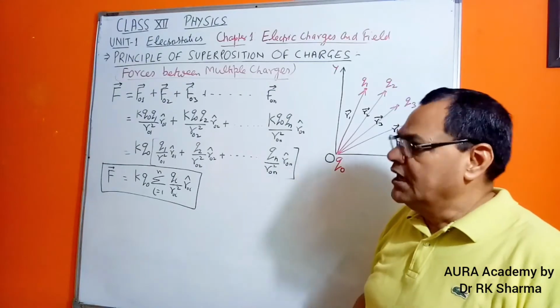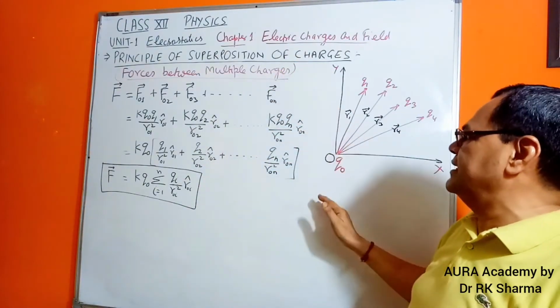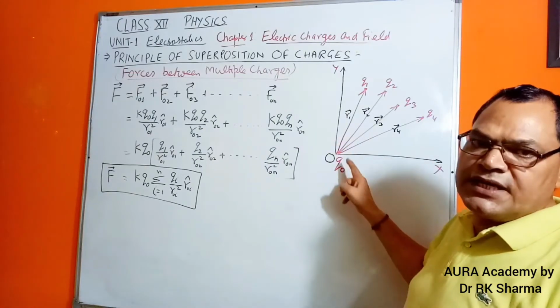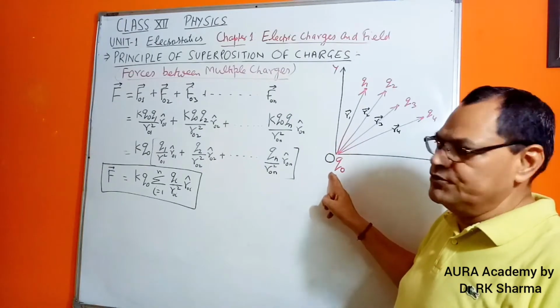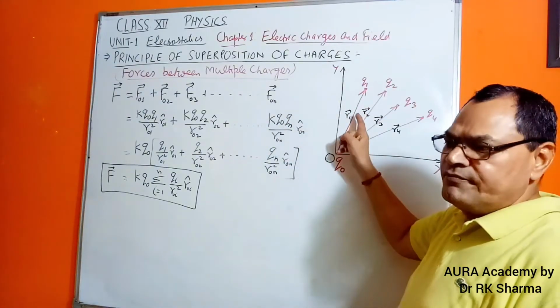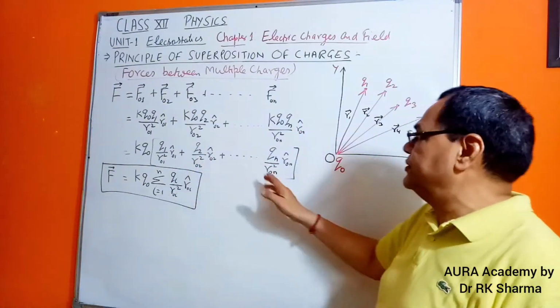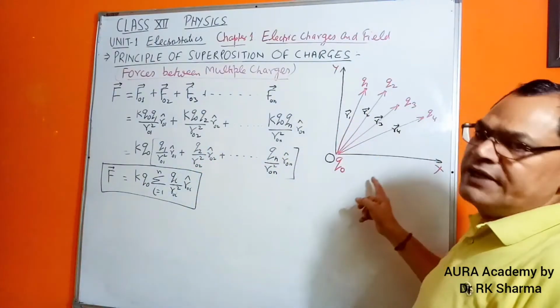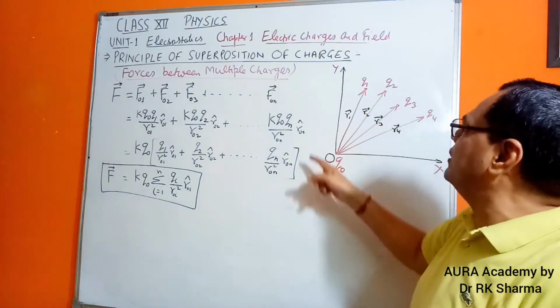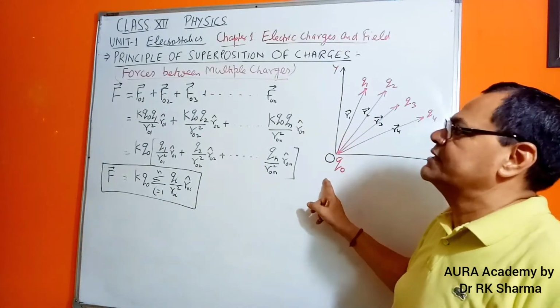How will you state that? The principle of superposition of charges states that the total force on any point charge q surrounded by a number of point charges is the vector sum of the forces due to all point charges with respect to that given point charge.